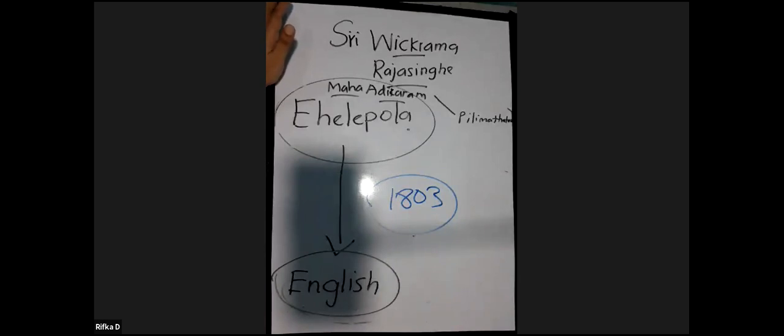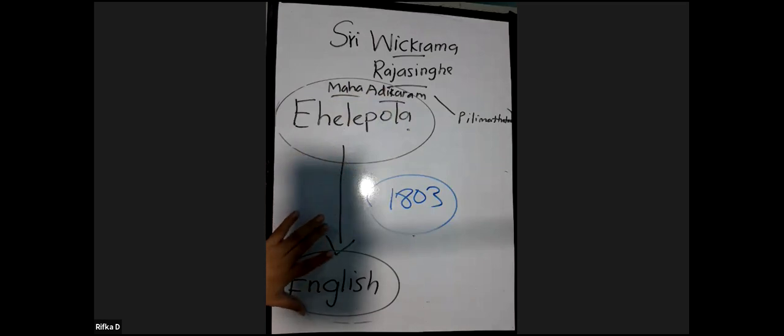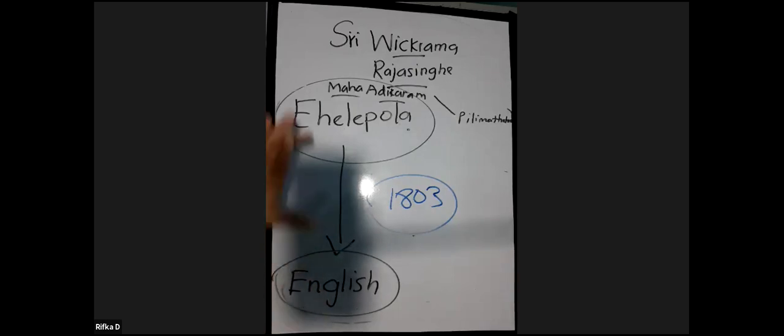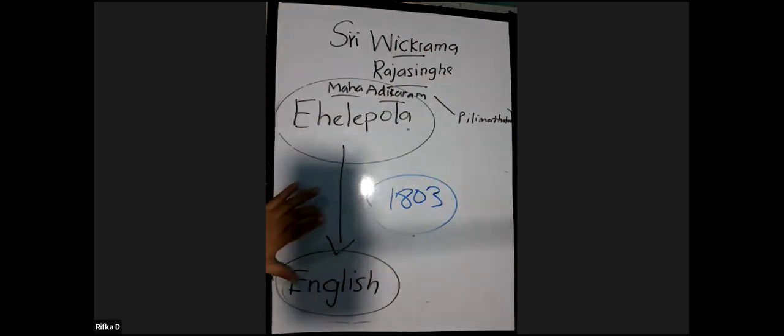The English, who acted tactfully, were waiting for a chance to enter the affairs of the Kandyan kingdom. They were the ones who strategically planned to get the king addicted to alcohol and to turn the whole scene to their benefit.